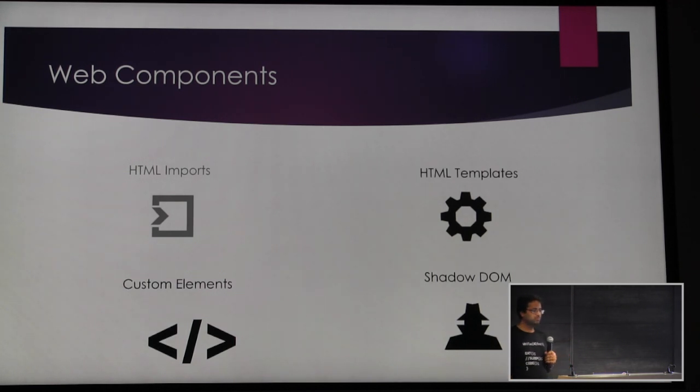And the shadow DOM basically allows us to encapsulate the style and the DOM of the custom element, defined under something called shadow root, from the rest of the DOM, which a lot of people like to call the light DOM. So there's a light DOM and there's a shadow DOM, and it ring fences the two.